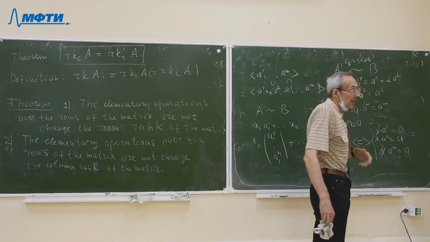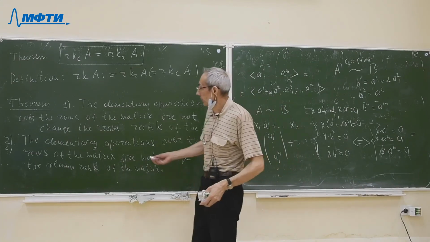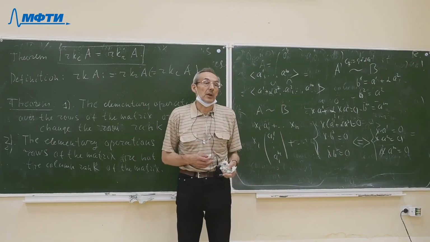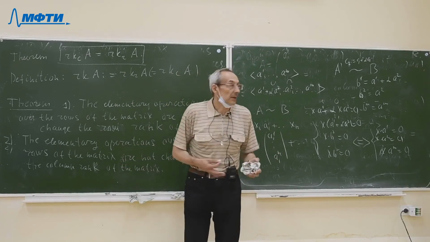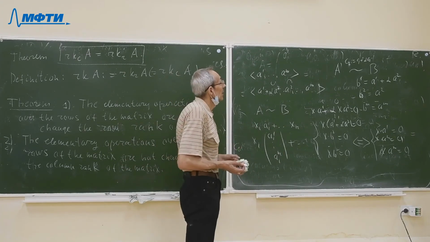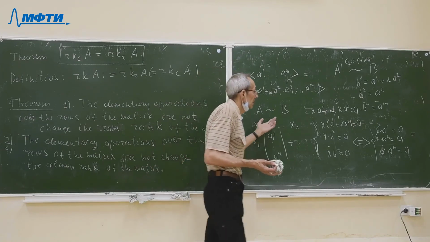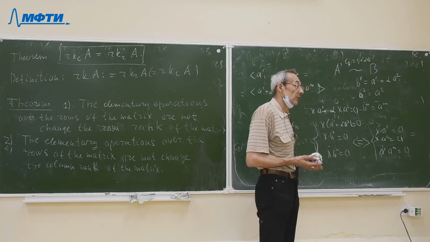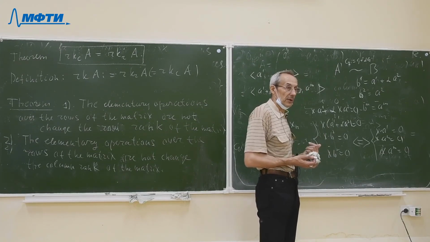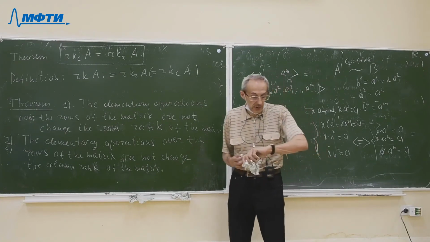And we obtain that an elementary transformation of the rows of a matrix does not change the column rank. So the column ranks of two equivalent matrices are equal. And as mentioned above, the column rank of the echelon form matrix coincides with its row rank. And we prove this theorem.